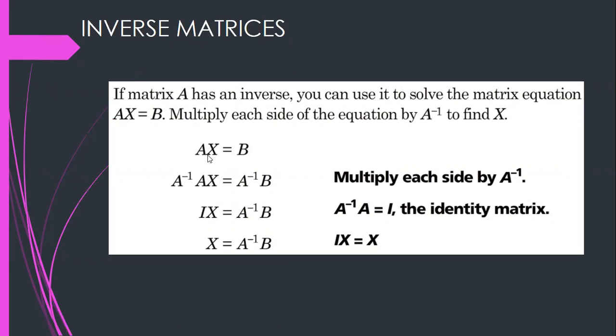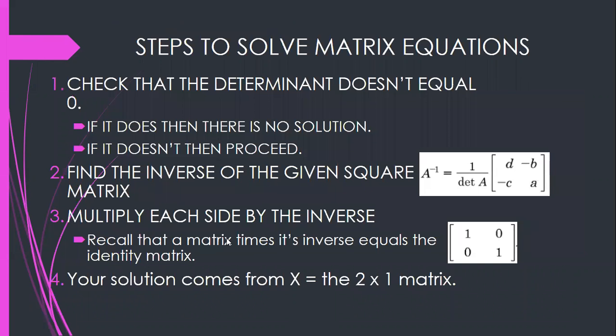So if I have matrix A times matrix X equals B, to solve for matrix X, I find the inverse. Just like any other time in math, you do inverse operations, right? Same thing with matrix. You find the inverse matrix and then you multiply the other side by that to find your missing matrix. So the steps that you glued in on your notebook are as following.